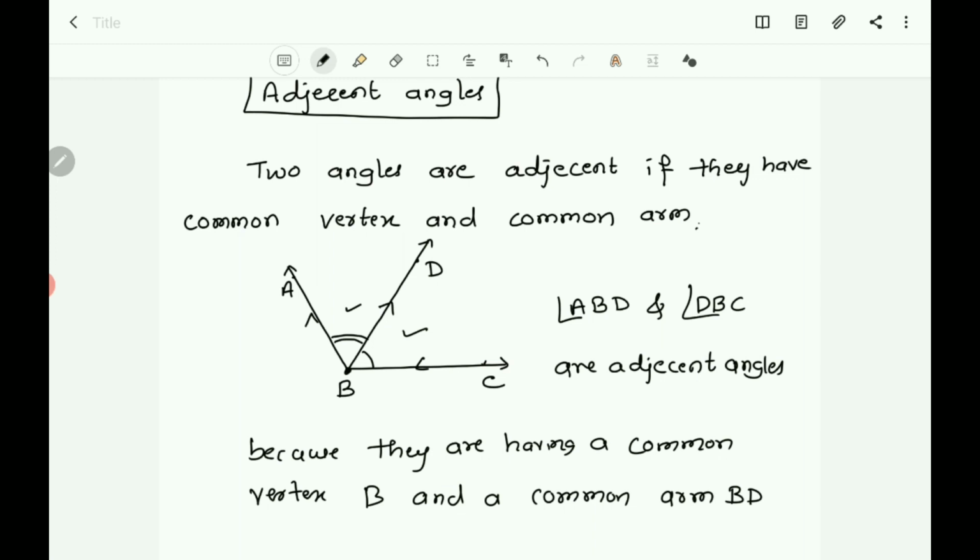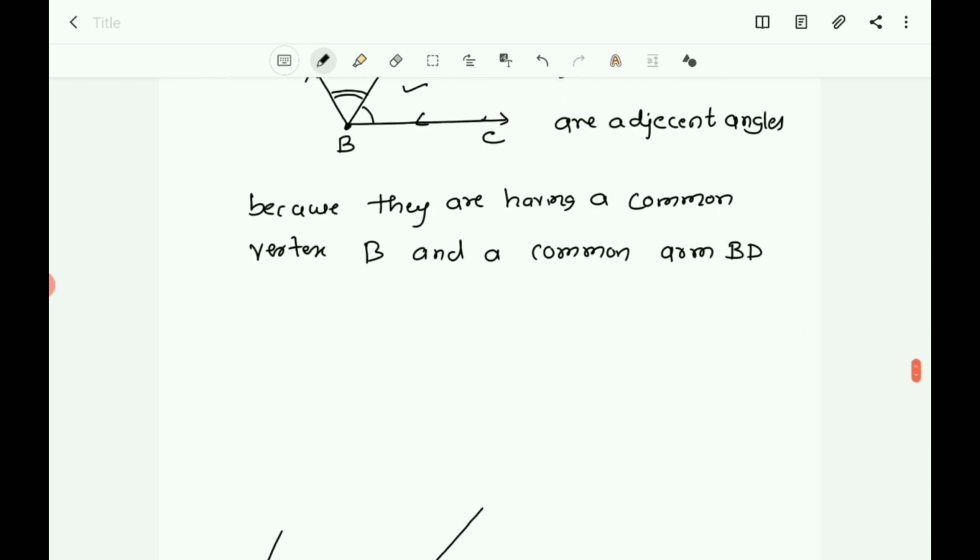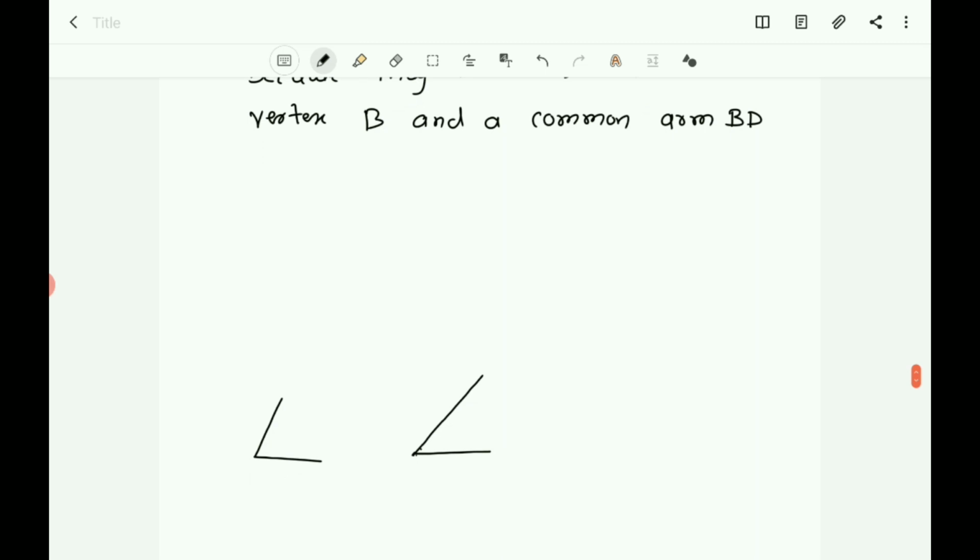This is one of the types of pairs of angles. Next, if you take these two angles, they are two angles but they are not adjacent angles, because they have different vertices and there is no common arm here.